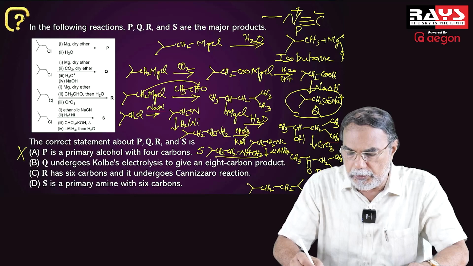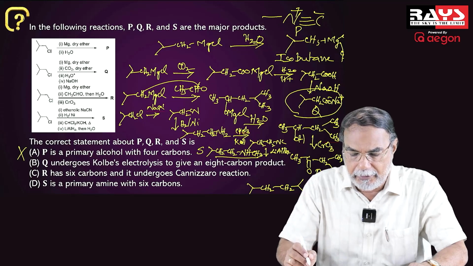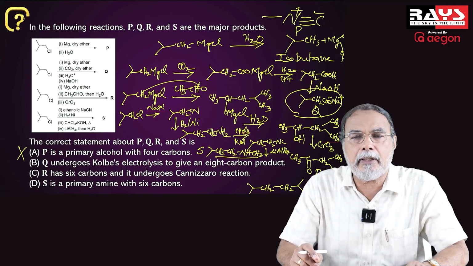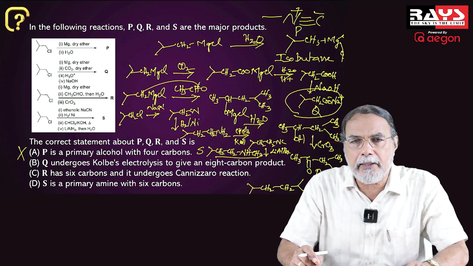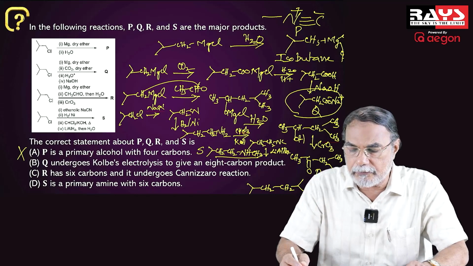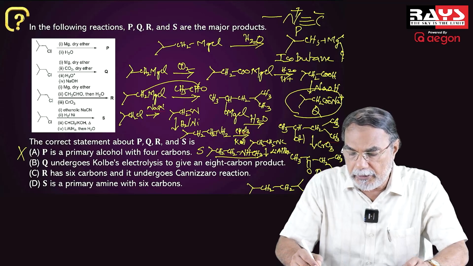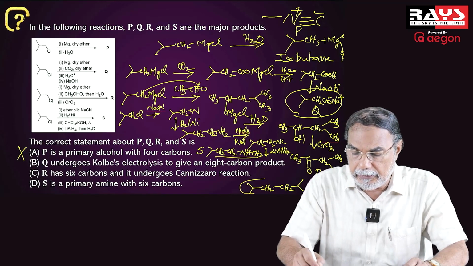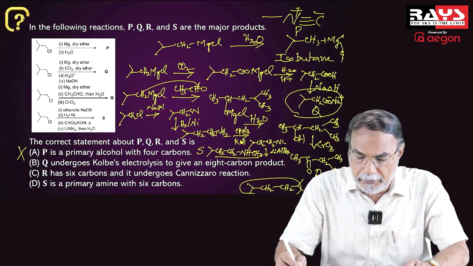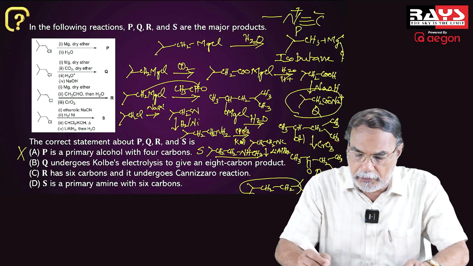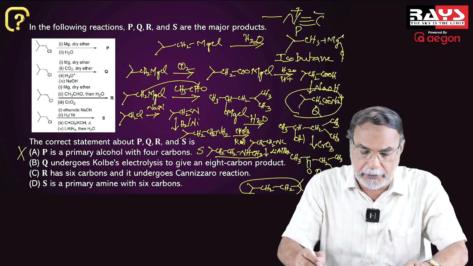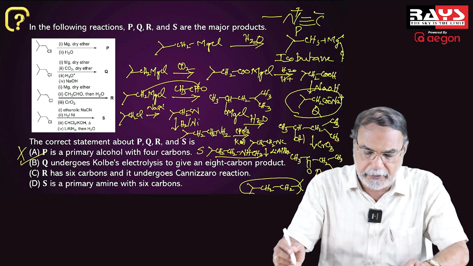That means 1, 2, 3, 4, 5, 6, 7, 8. You are getting an 8 carbon product, a hydrocarbon, by Kolb's electrolysis of this compound. Of course, this negative ion will undergo decarboxylation, forming this radical here, and 2 such radicals will combine, forming this hydrocarbon, that is the 8 carbon containing hydrocarbon. So Q undergoes Kolb's electrolysis to give an 8 carbon product. That is a correct statement.